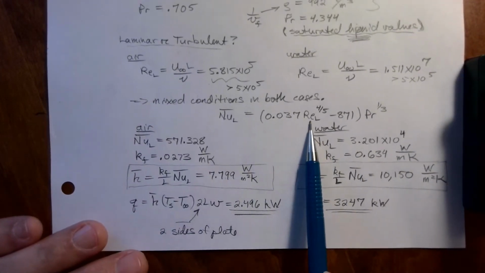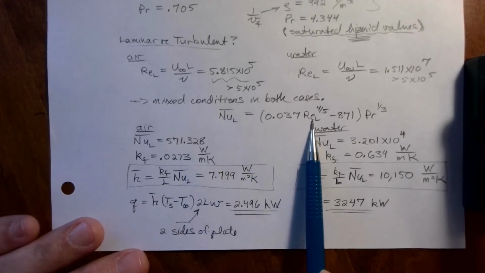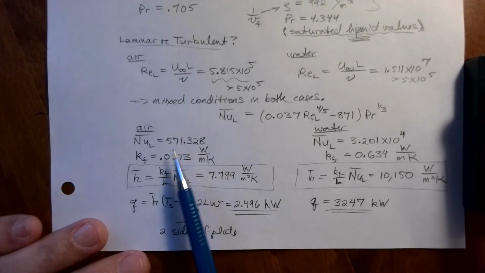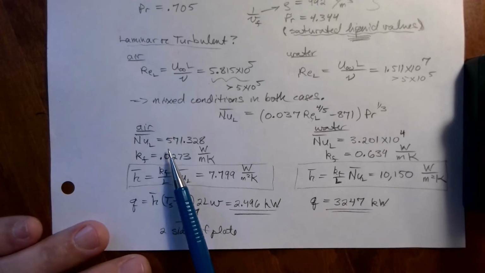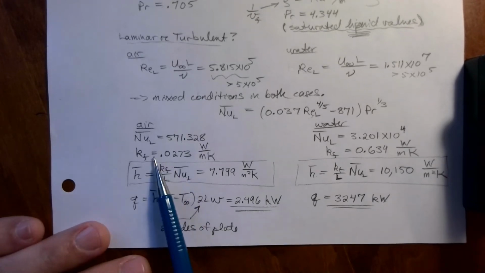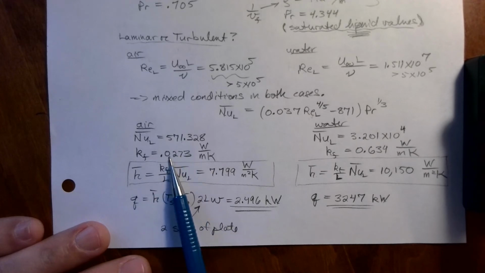For air, I'm going to use the Reynolds number calculated above and substitute that here to give me a Nusselt number. That comes out to be 571.3. The Nusselt number is defined as h times L over k. So solve this for h bar, and we end up with Nusselt number times k over L. I need the interpolated value for air thermal conductivity.